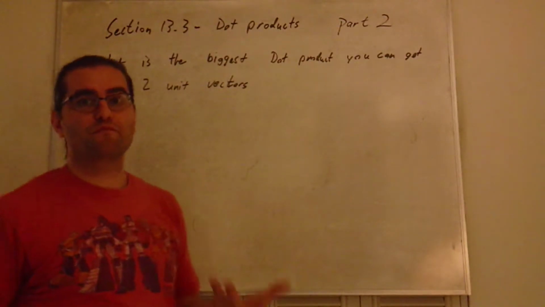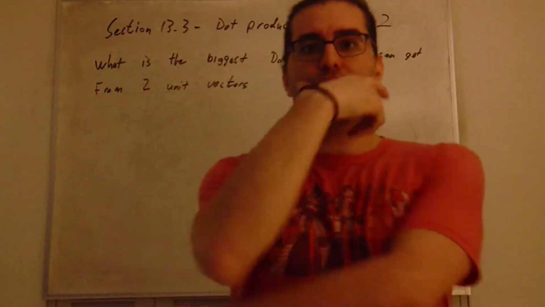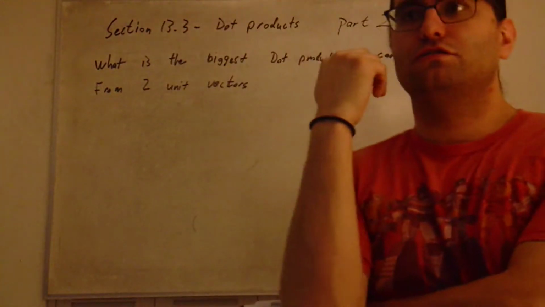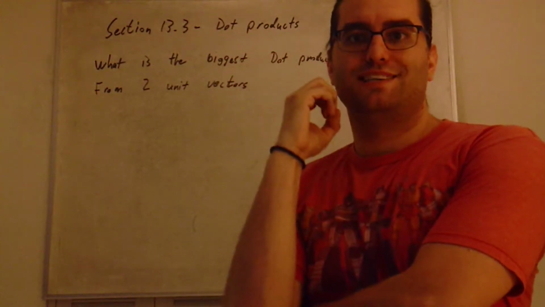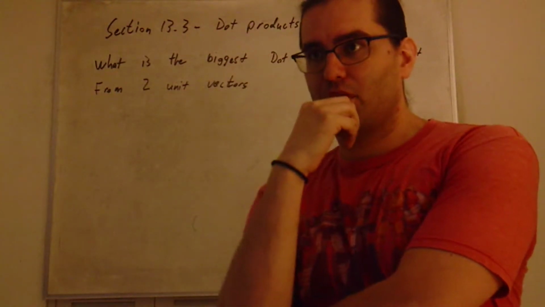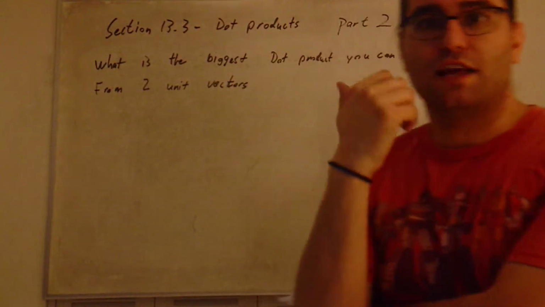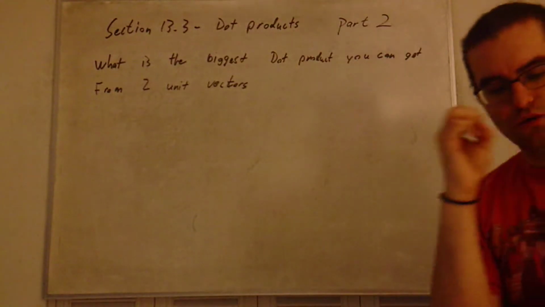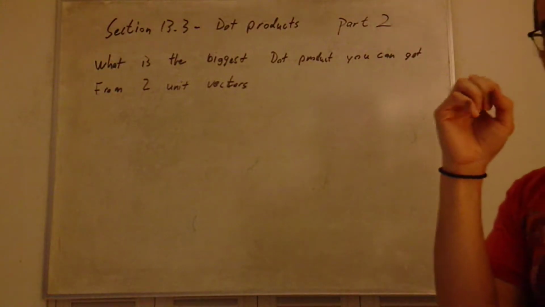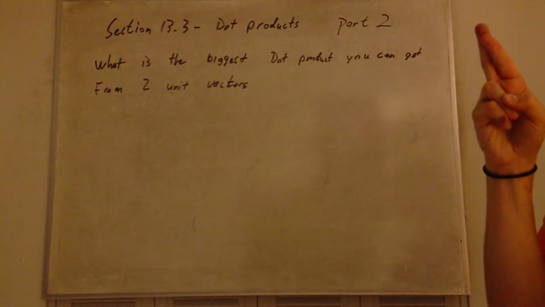So, if dot products measure same directionness, it stands to reason that the biggest possible outcome you could get would be from two vectors that are pointing in exactly the same direction.